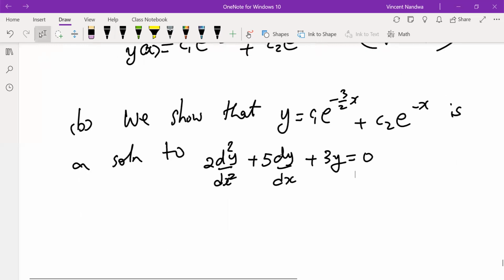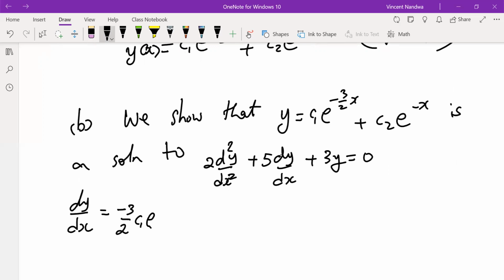So here, differentiating this, dy/dx will have -3/2 c1 e^(-3/2 x) minus c2 e^(-x).